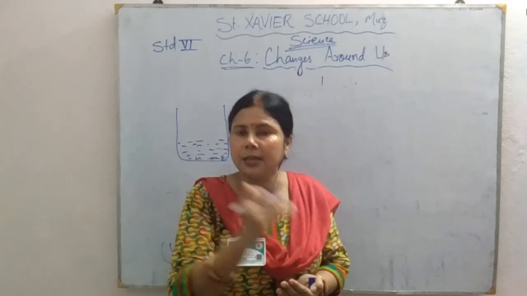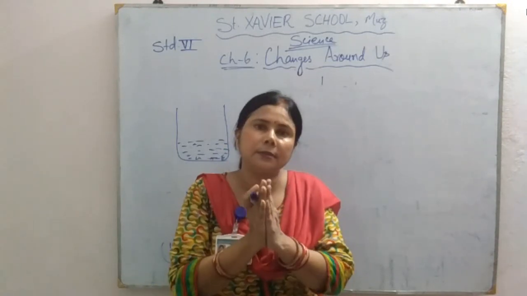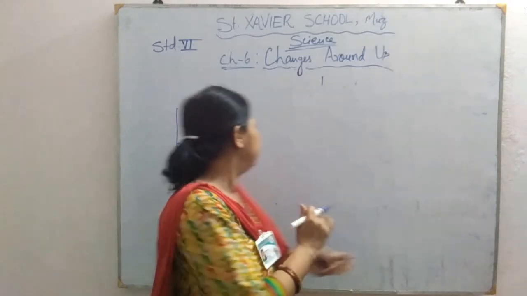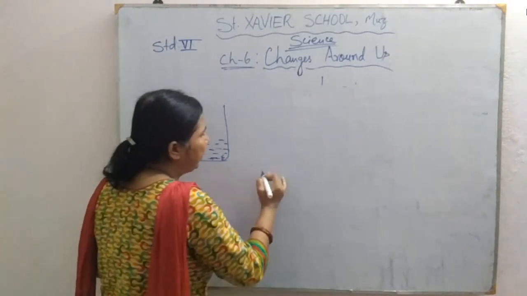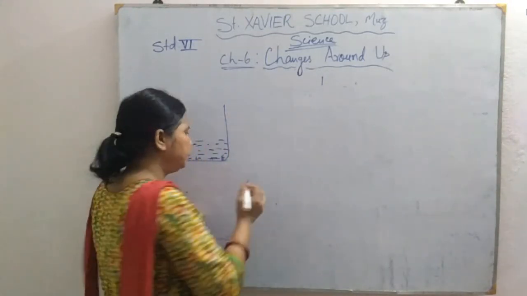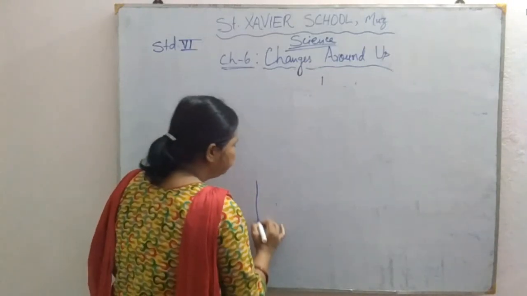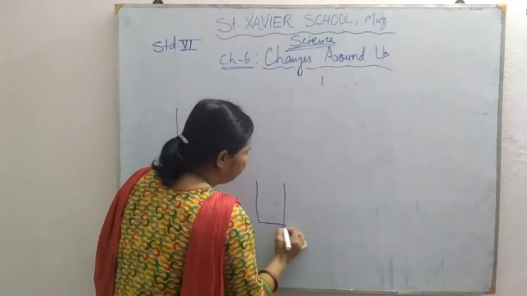Let's see another example when two different substances are mixed together. For this, take a narrow topped bottle. Okay children?